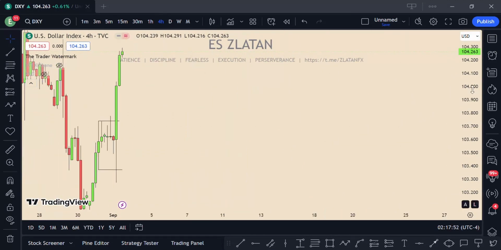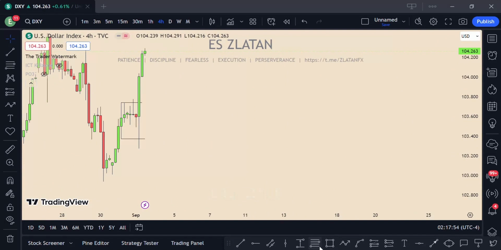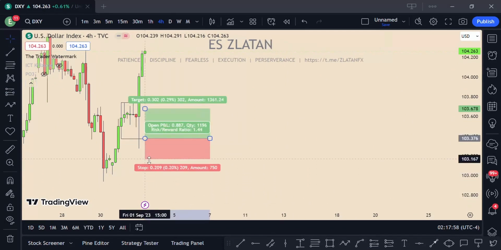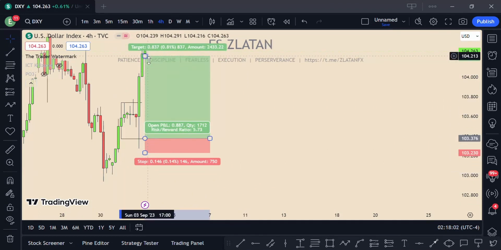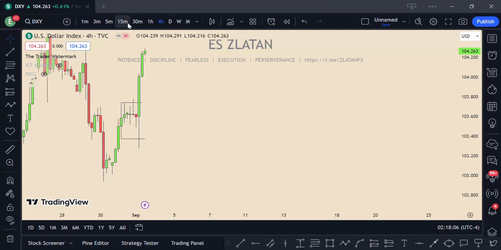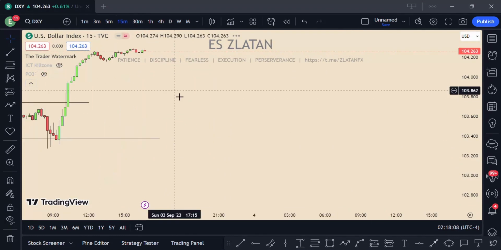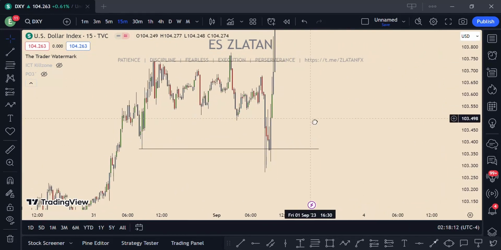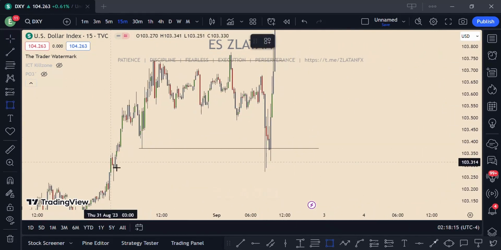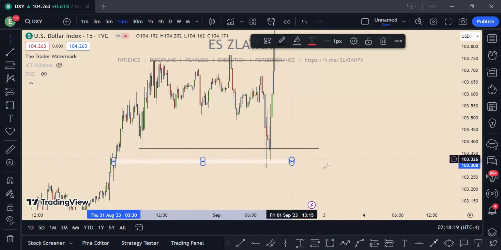Or let's narrow down, let's go up. You could have used this also, the 4 hour fair value gap right here, and then you can target the higher time frame draw on liquidity, or you could actually go down to your 15 minutes, and if you notice there was also a fair value gap right here, right?